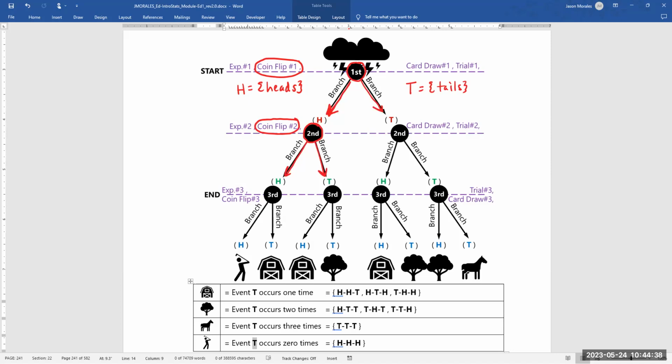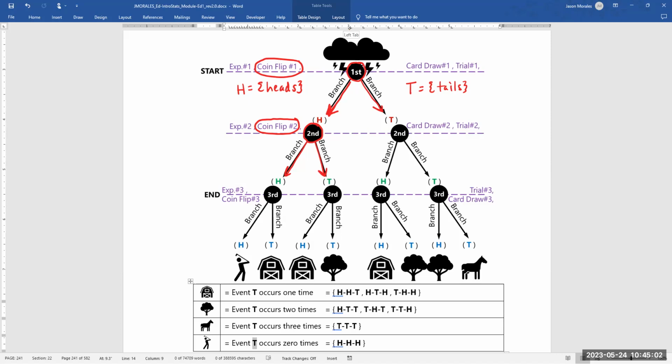So the outcomes that we could get on the second coin flip are not dependent on the results of the first coin flip. So this is where coin flipping is an example of an independent set of events, because the outcome of a second event isn't dependent on the outcome of the first.